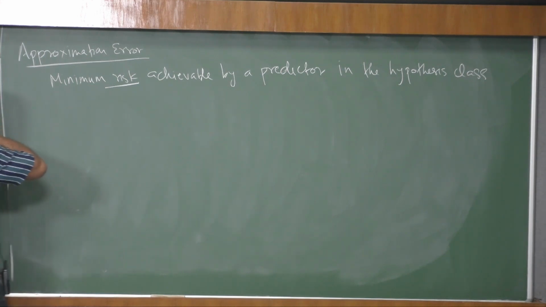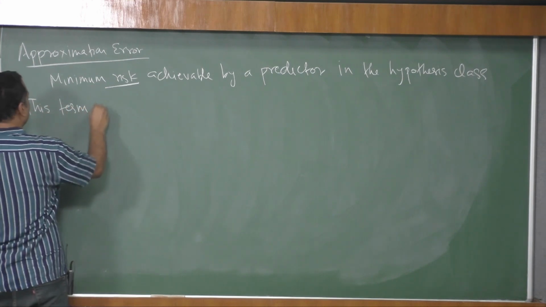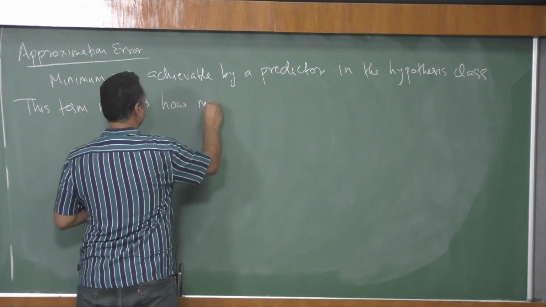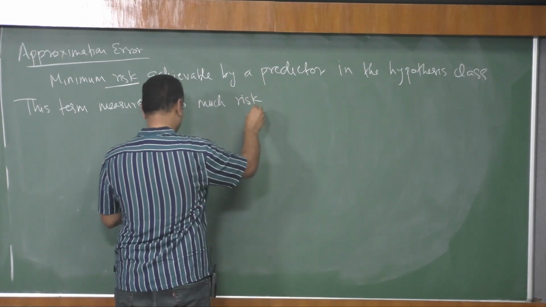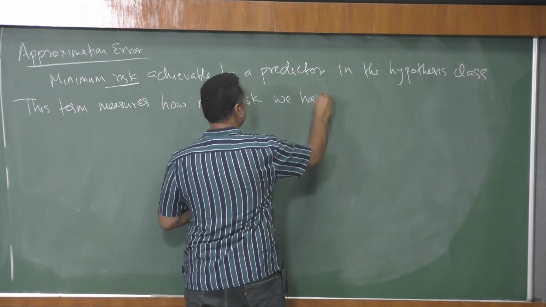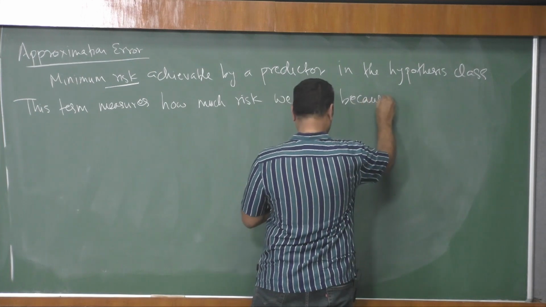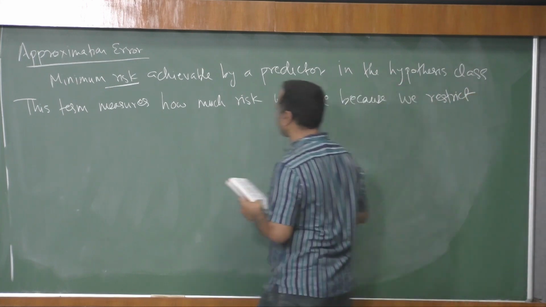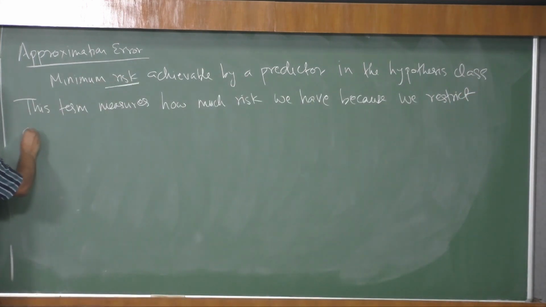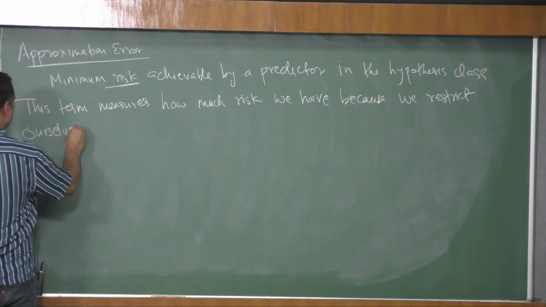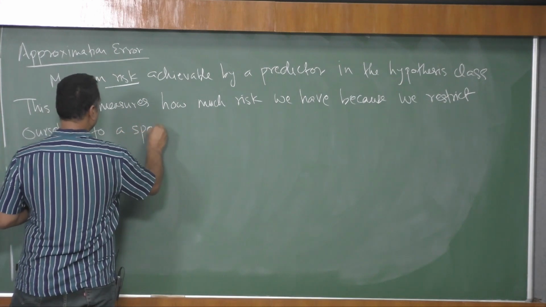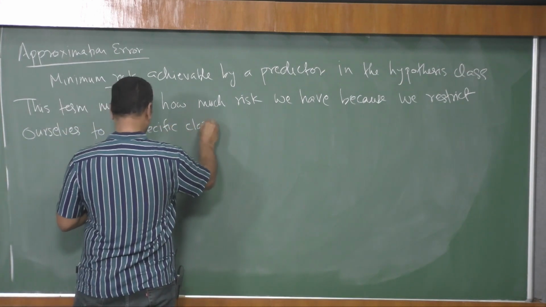Just write it down for the sake of understanding. This term measures how much risk we have because we restrict ourselves to capital H, to a specific class.